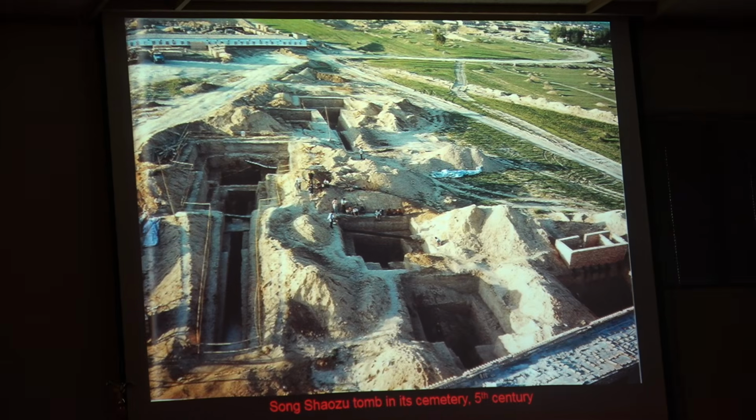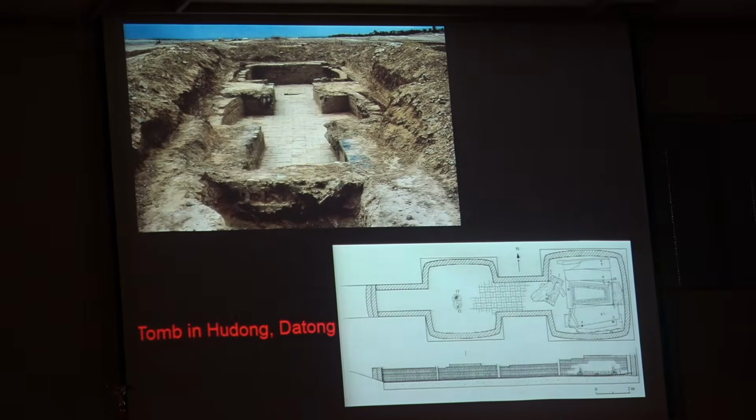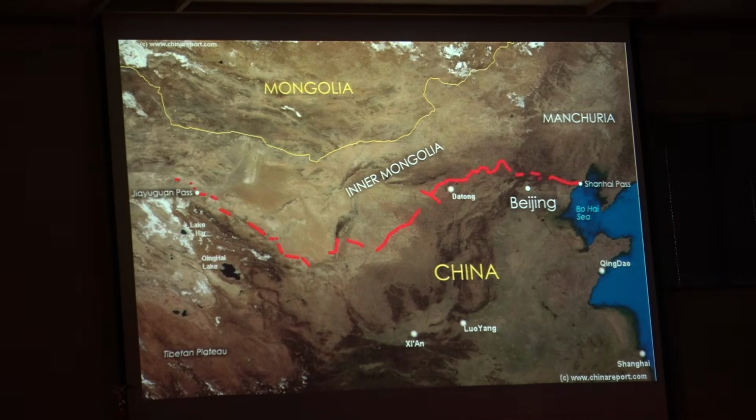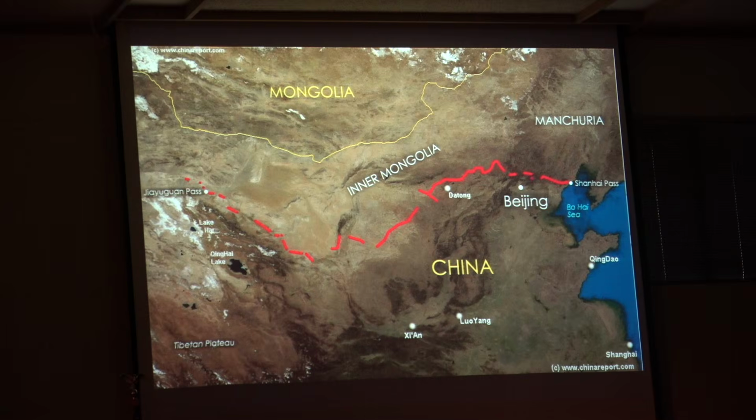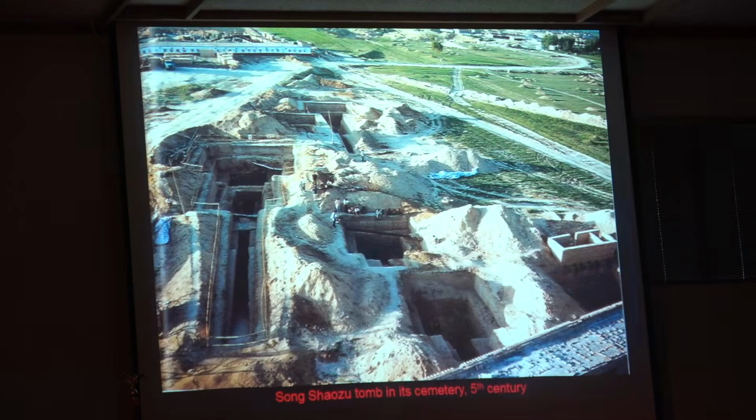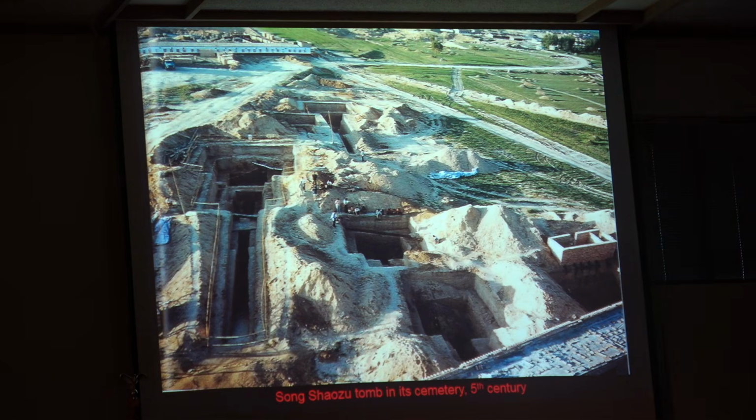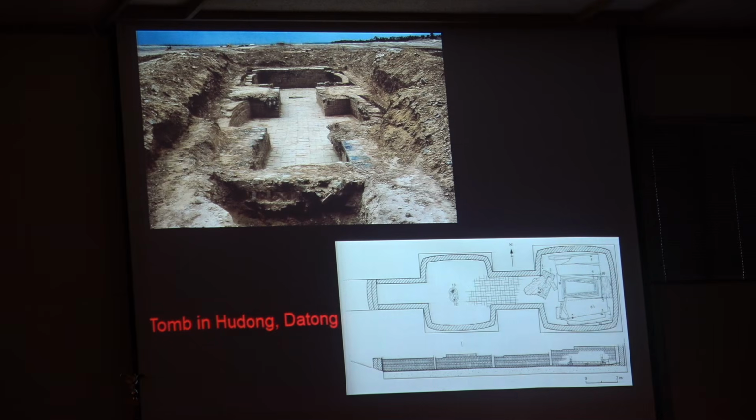This is the tomb plan that we just saw in Koguryo and in Gansu, right? So here's Datong, Jiayuguan, Koguryo is over here off the map. We're looking at 2 chamber tombs and 1 chamber tombs, and as I mentioned, they are becoming increasingly smaller.